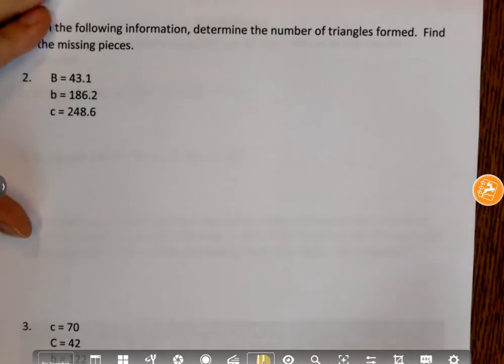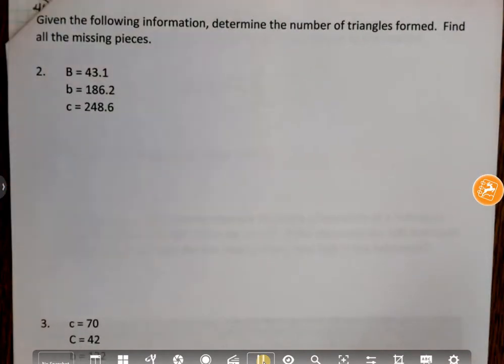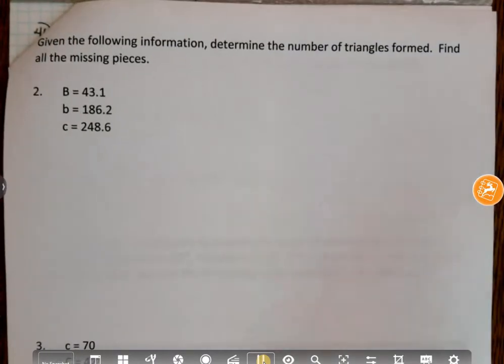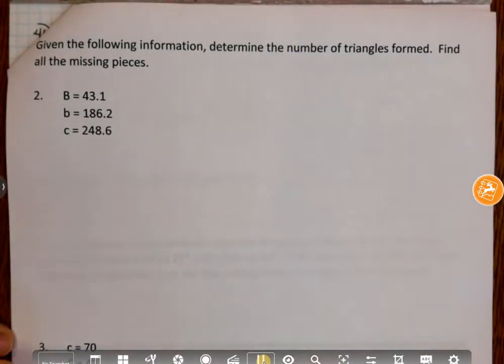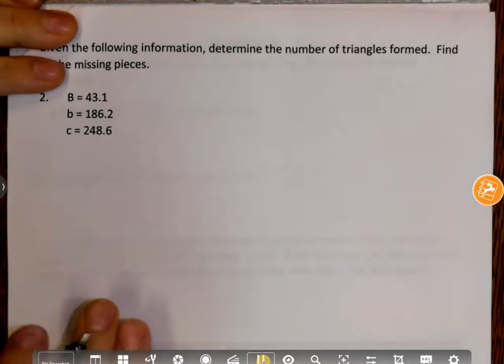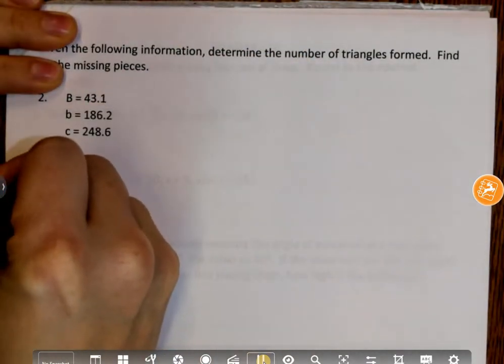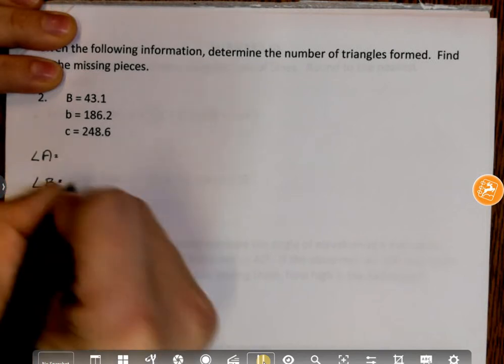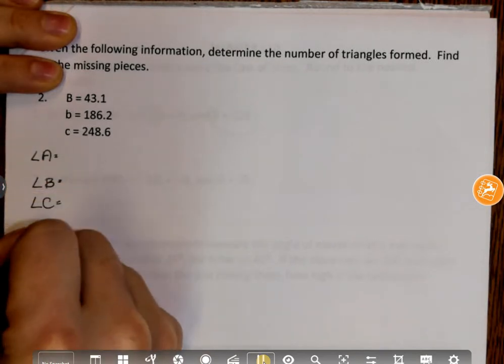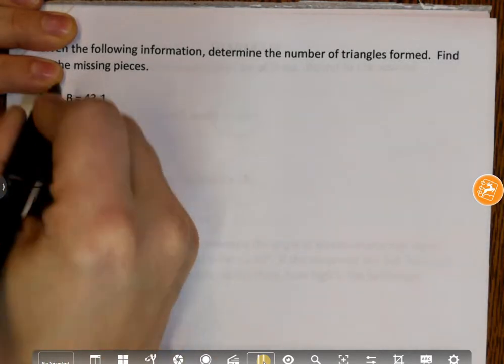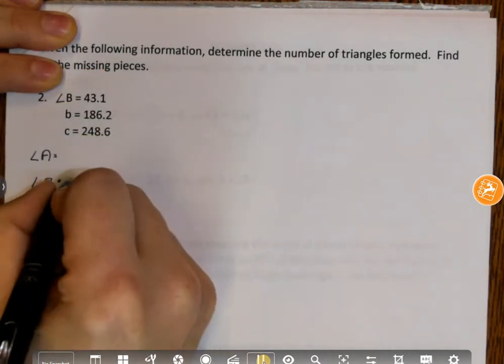So let's write down this information. This is your new triangle. Capital letters are your angles.